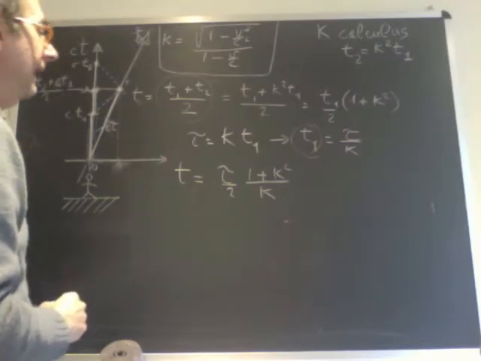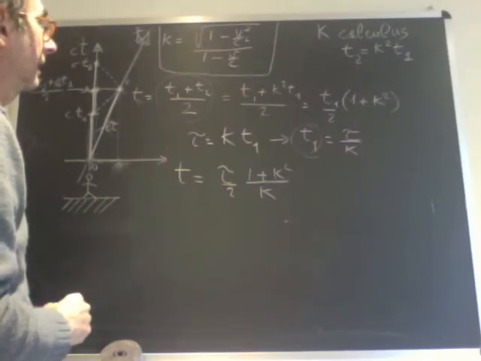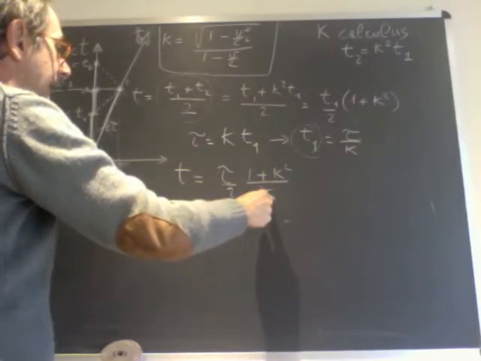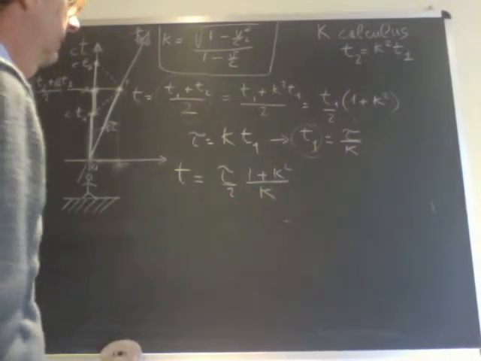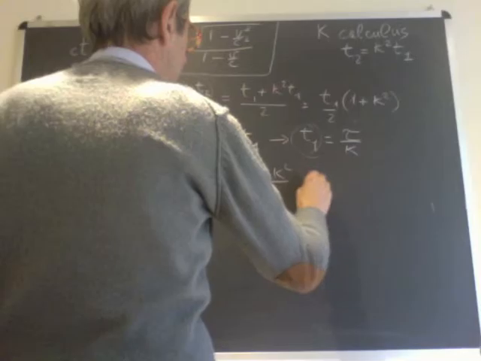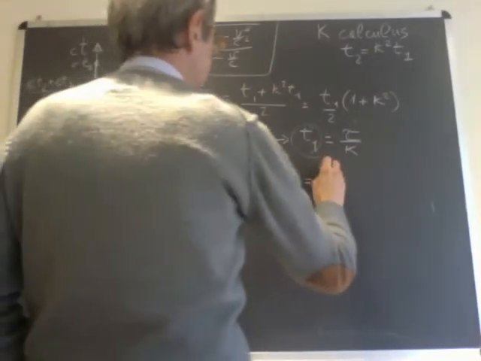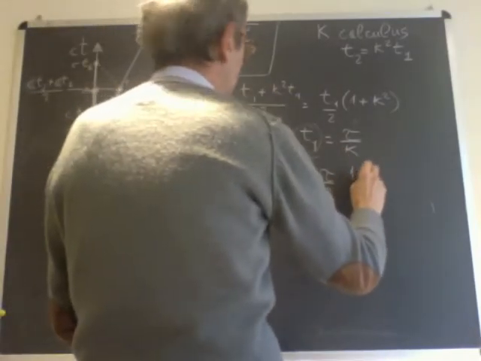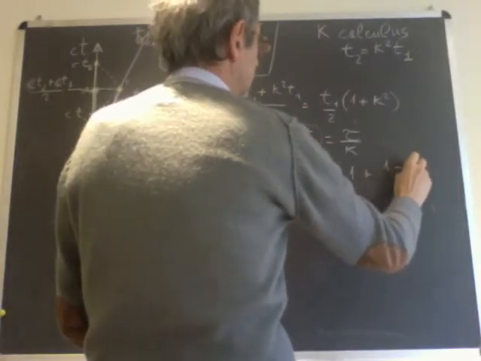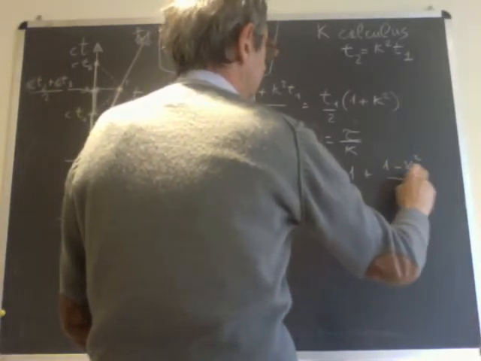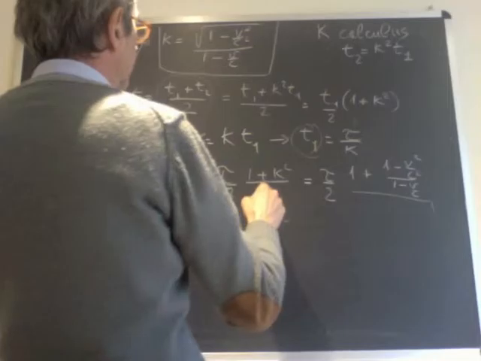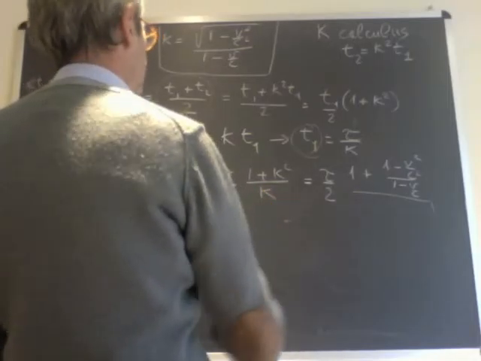Now I can use the expression of k and substitute it in the last equation. This is a little bit boring, but this is tau over 2 times 1 plus k squared over k.